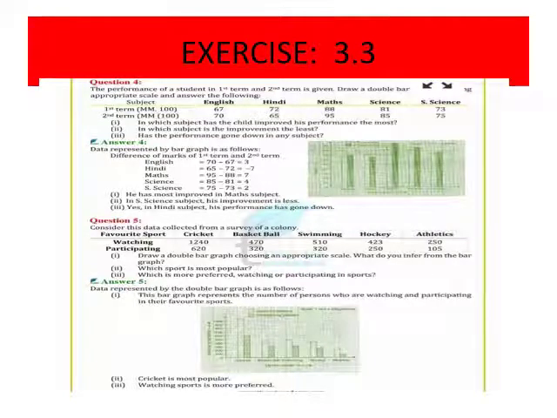Now let me take exercise 3.3, question number 4. The performance of students in first and second term is given. Draw a double bar graph by taking appropriate scale and answer the following questions. Subjects are English, Hindi, Maths, Science and Social Science.